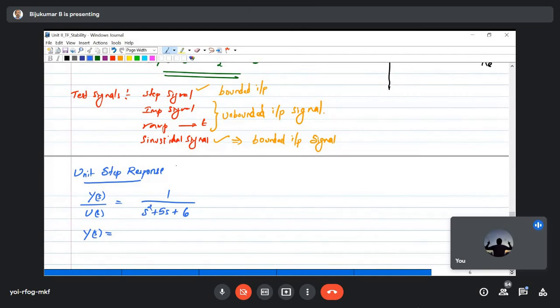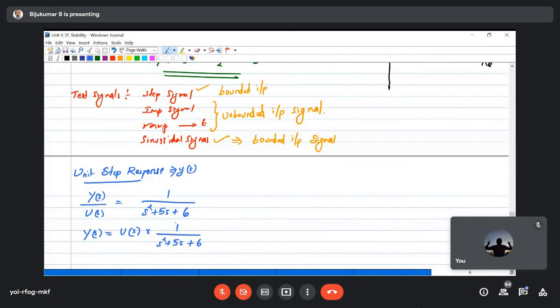Because step response means, our aim is to find y(t), right? Response in the time domain. For that, first of all, we will write the system output in s domain. So it can be written as U(s) multiplied by 1/(s² + 5s + 6).